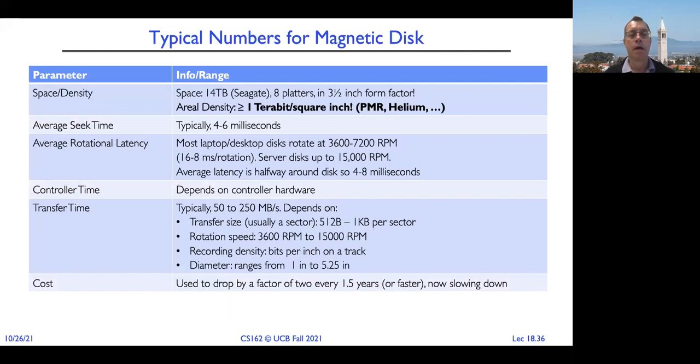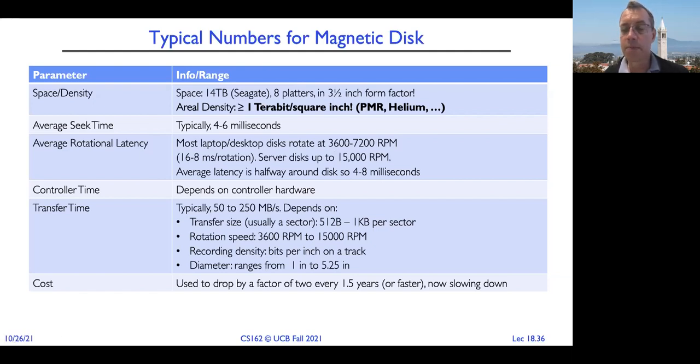Right? Here are some numbers from some magnetic disks. The capacity is like 14 terabytes, with 8 platters. Typically, the seek time is 4 to 6 milliseconds. The rotation speed is between 3,600 and 7,200 rotations per minute.